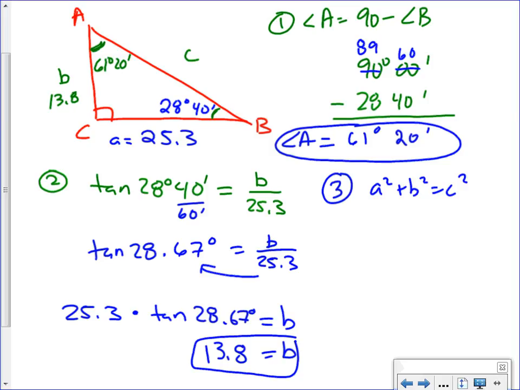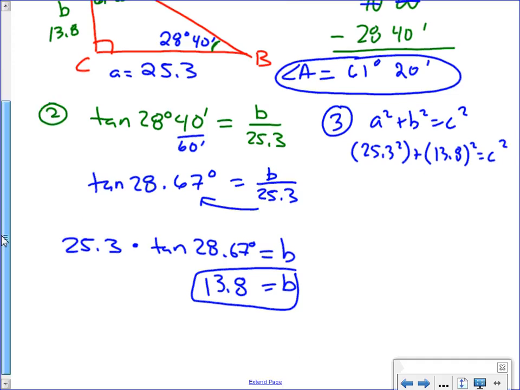So 25.3 squared plus 13.8 squared is c squared. What's 25.3 squared? 640.09.